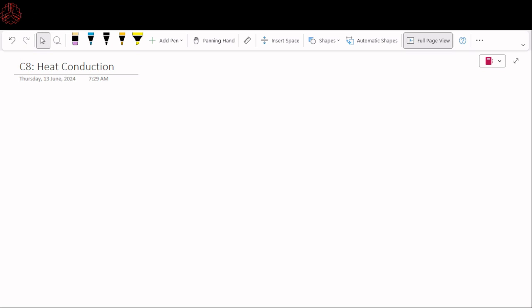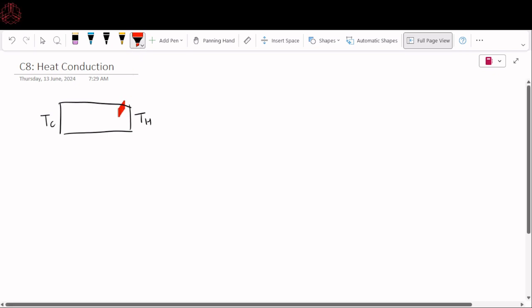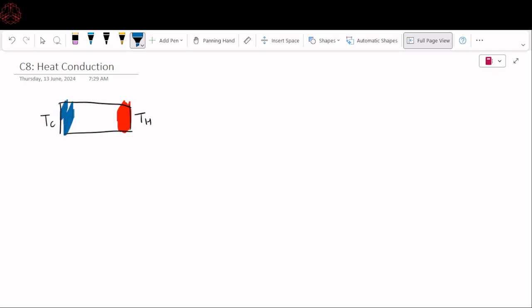Okay, so now we're going to talk about heat conduction. Generally, we want a law that relates, so let's say you have a material and you heat one end of it to some hot temperature, and you maintain a cold temperature on the other side. The warm part over here and the cold part over here, eventually the warm part will propagate to the cold part, and then they will reach some level of equilibrium.